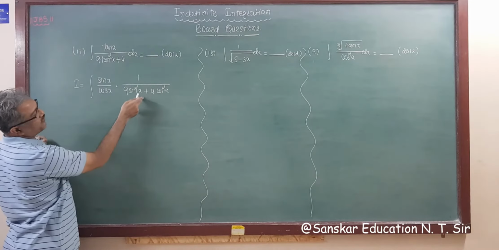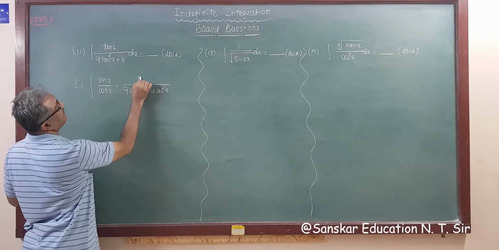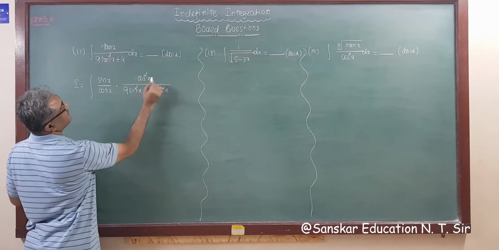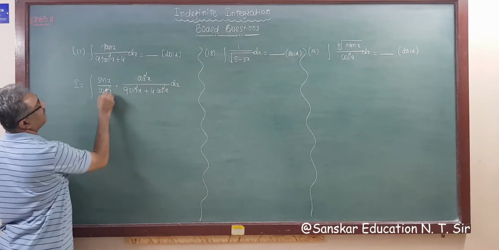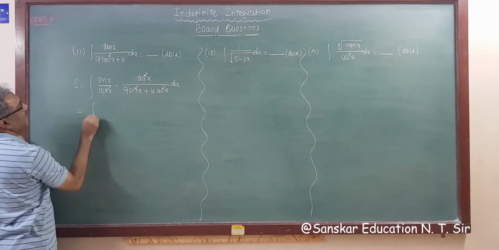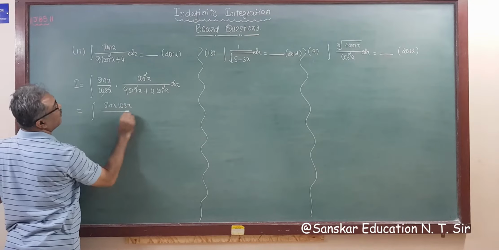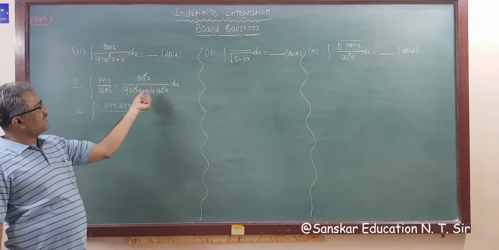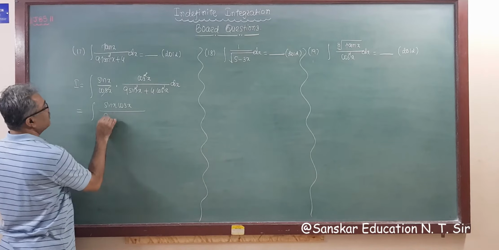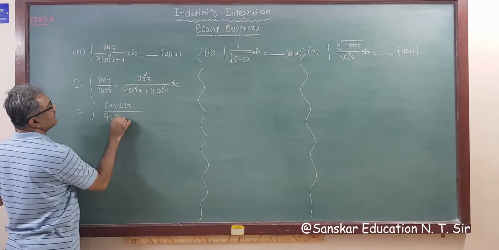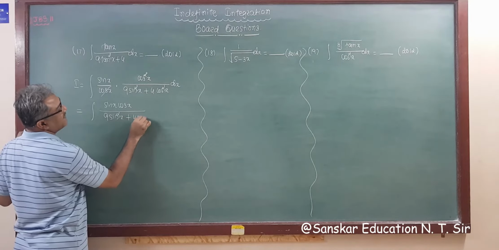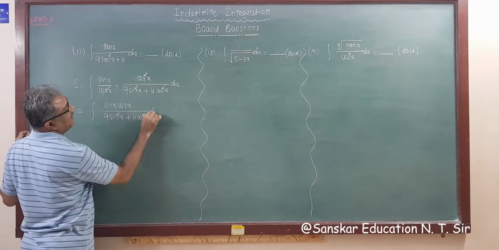The cos square in the denominator goes to the numerator, so this is cos square x dx. One cos will be cut, so remaining will be integration sin x cos x whole upon 9 sin square x plus 4 cos square x dx.